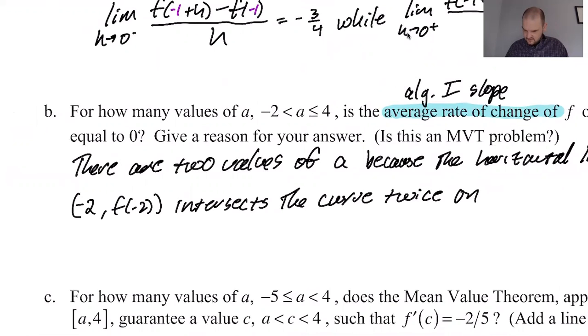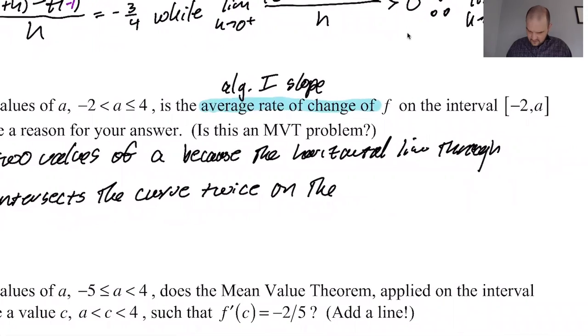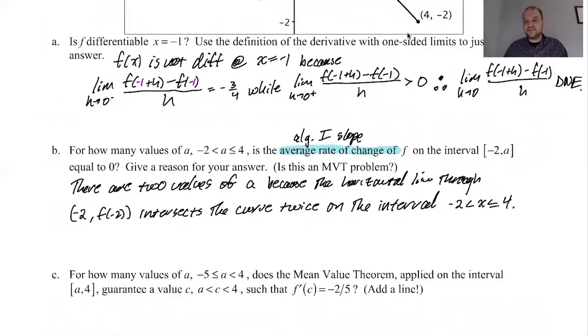Twice on the interval. I mean, you could probably just put the interval, -2 to 4, the open interval, so -2. So I'm going to say that that's my reason.